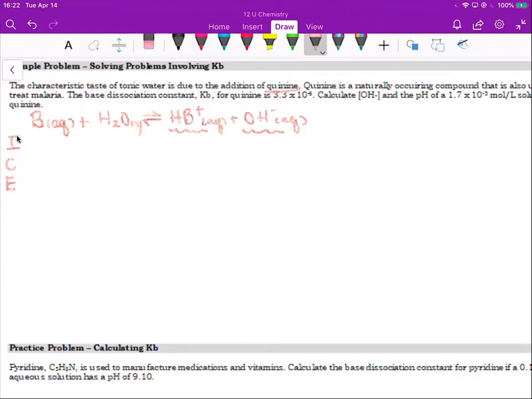When I make my ICE table, it's 1.7 times 10 to the minus 3 here, and 0 for these two. Because it is only one hydrogen that's moving around, it's just plus x. And here, it's losing x.